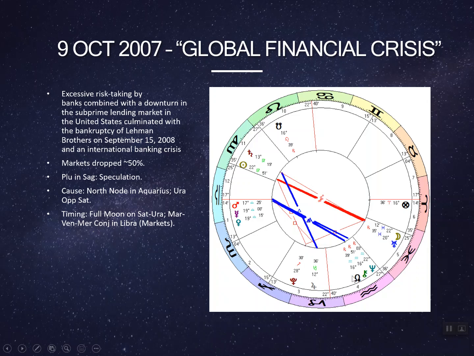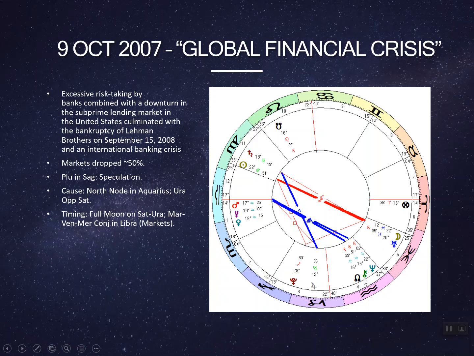And with regards to the timing of it, we can see there was a full moon happening in Pisces, right at the point where Uranus and Saturn were also in opposition. So we said these two pairs of planets, when they're in hard aspects, do bring about sharp falls in the market, and we can see that indeed that did happen.